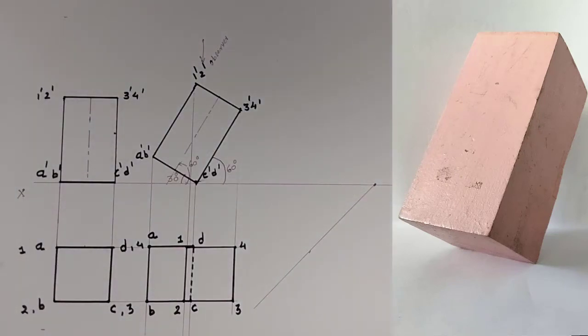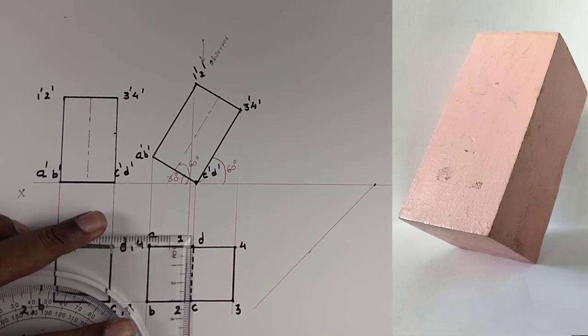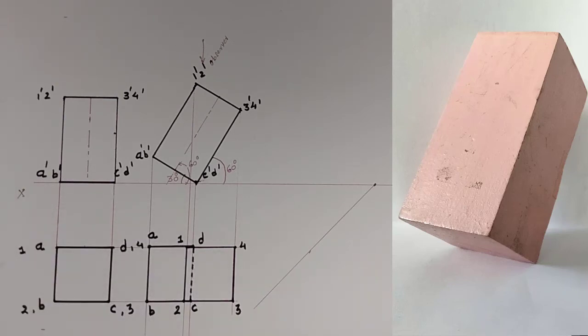On this inclination line, you can arrange your previous plan with reference to CD. So my CD is 30 mm true length.